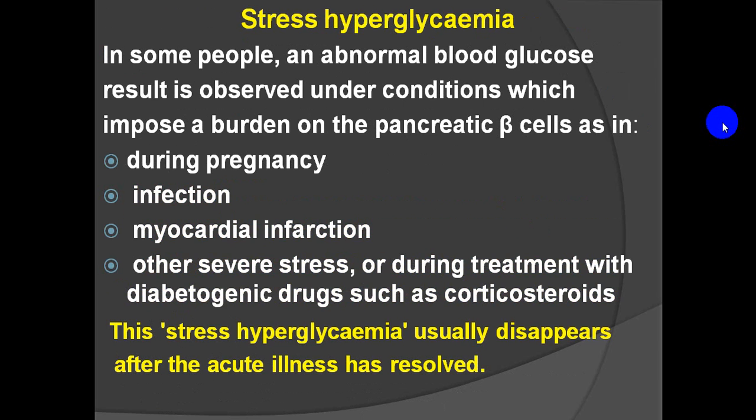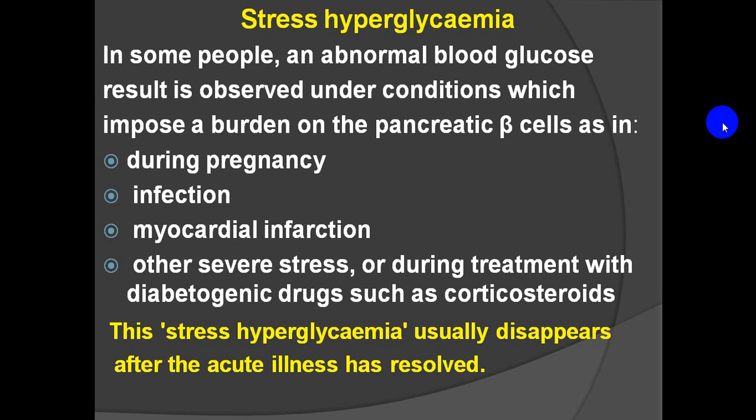An entity that we used to see in the hospital, especially among patients with stressful conditions, is called stress hyperglycemia. And this is sometimes encountered during pregnancy, with severe infections, after myocardial infarction, or because of diabetogenic drugs such as corticosteroids.